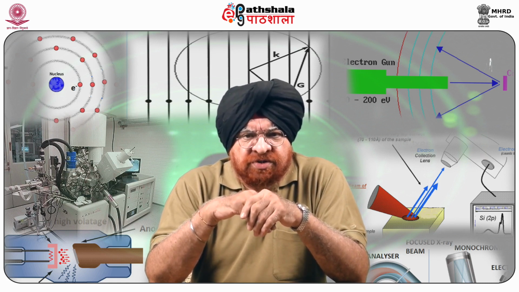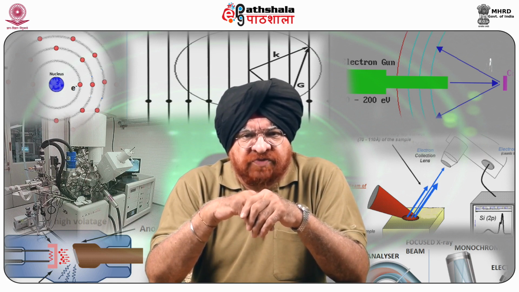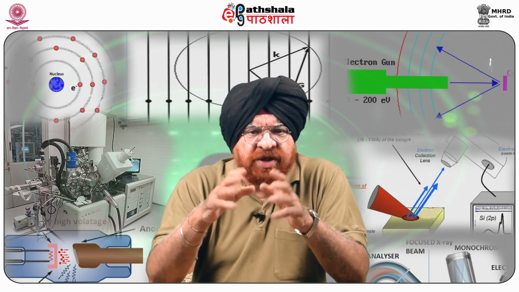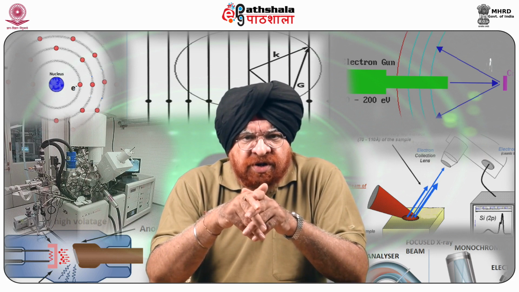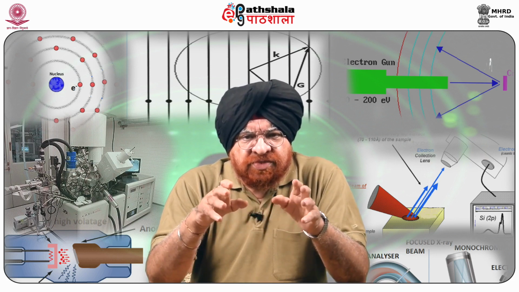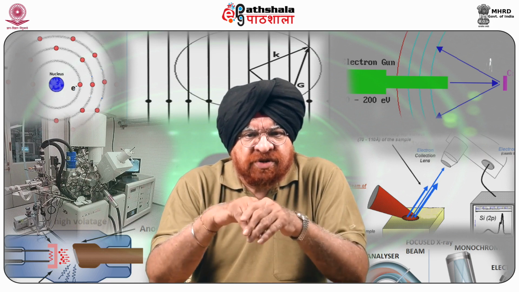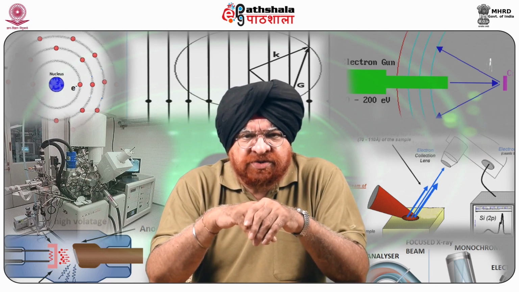And by doing this, surface contamination by adsorption of gas particles during the measurement is also prevented. In order to get the best results, the above mentioned things must be kept in mind, otherwise you will not get proper results.